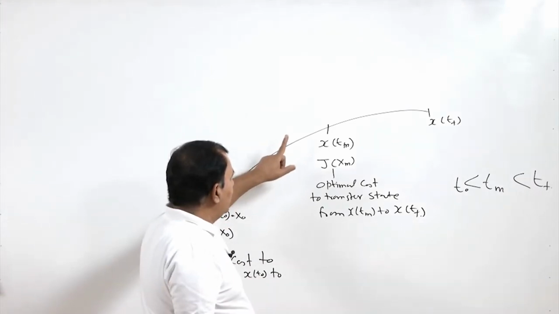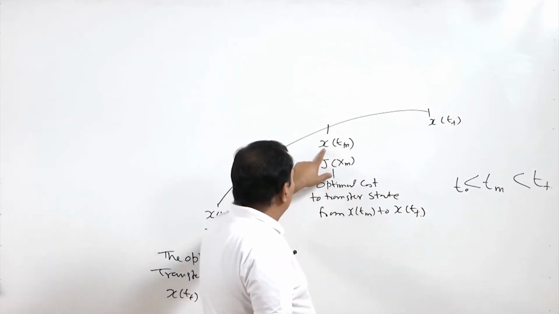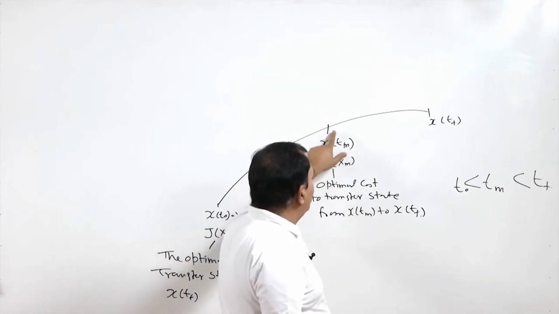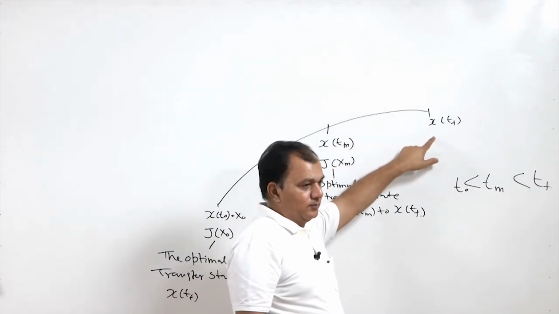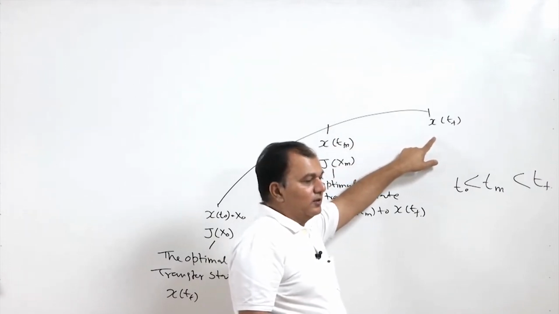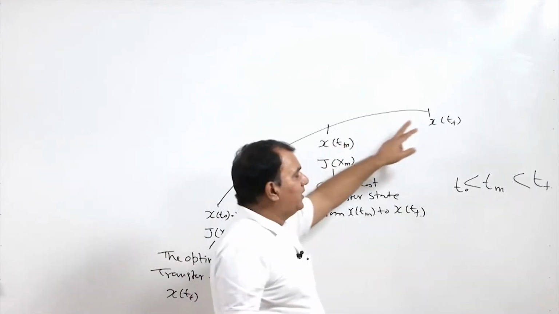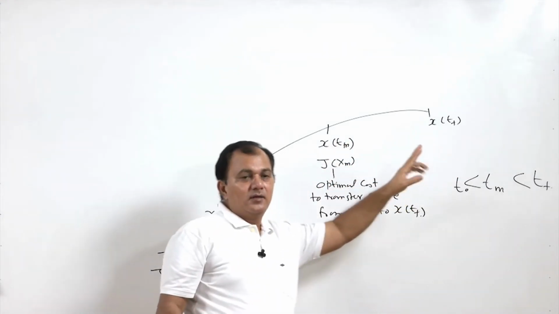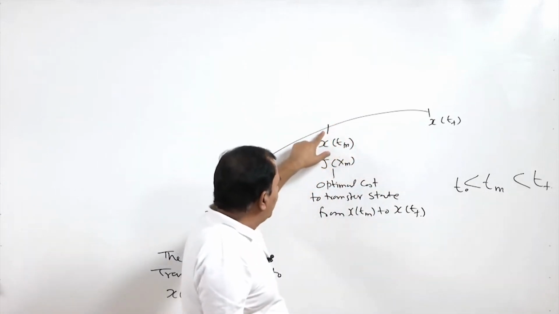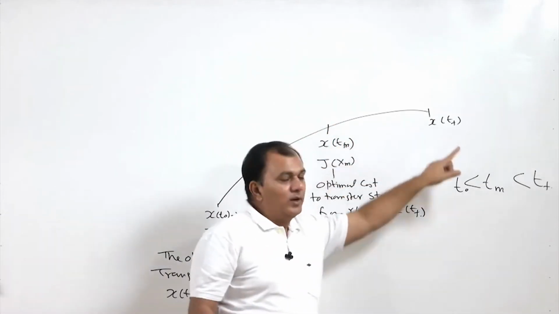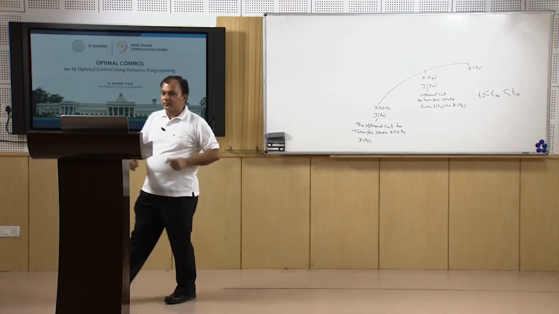So, what we are saying is, if we have J(x(tm)) as the optimal cost to transfer this state x(tm) to x(tf), then if the x(t0) to x(tf) cost is optimal and this is my optimal trajectory, the cost to transfer from x(tm) to x(tf) will be optimal.